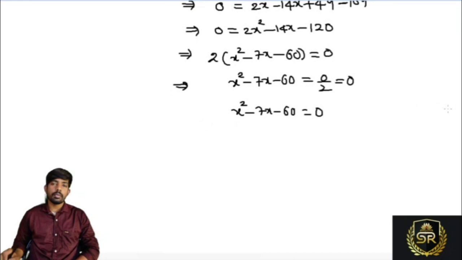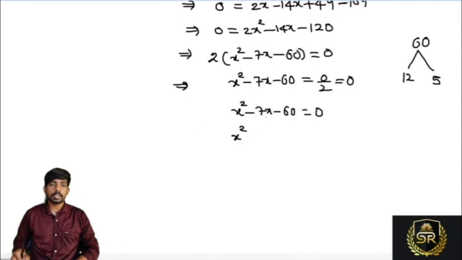From here we need to factorize the expression. 60 can be written as 12 fives are 60, and 12 minus 5 is 7, which gives the middle term, right? So the factors are 12 and 5.